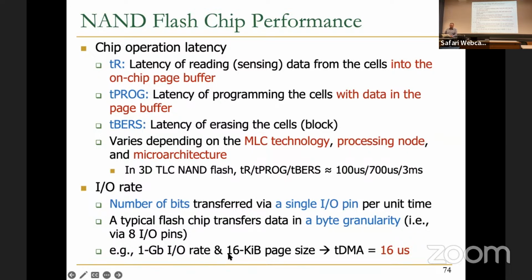In order to transfer a 16 kilobyte page, since you have 8 I/O pins, the whole bandwidth you have is around 1 gigabyte per second. So transferring a 16 kilobyte page to the controller will cost around 16 microseconds. Just simple math here.